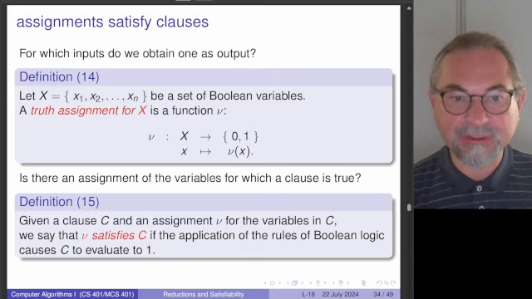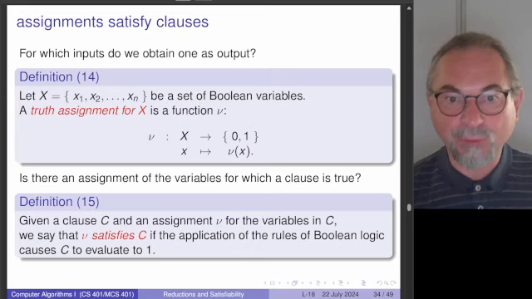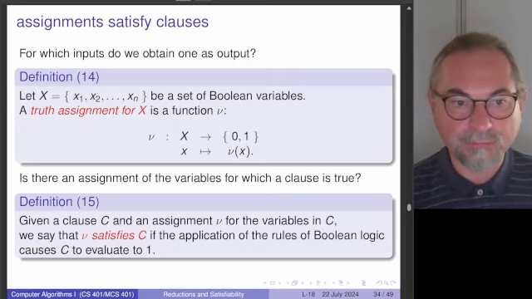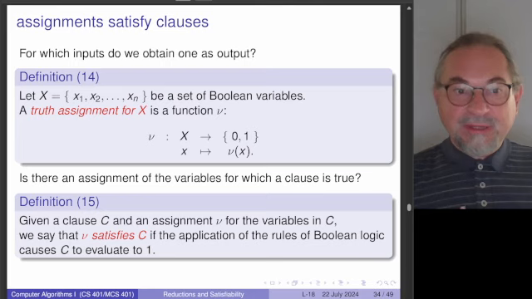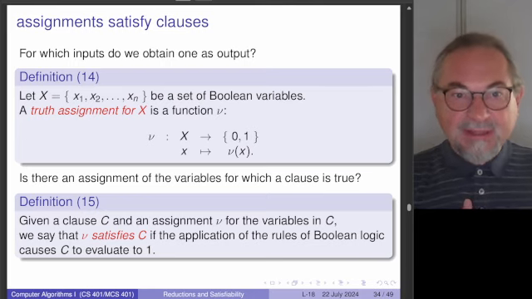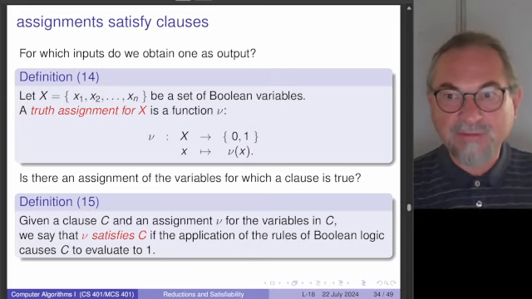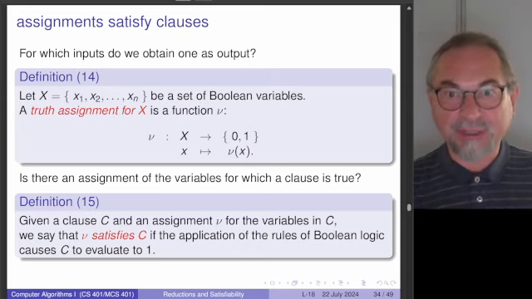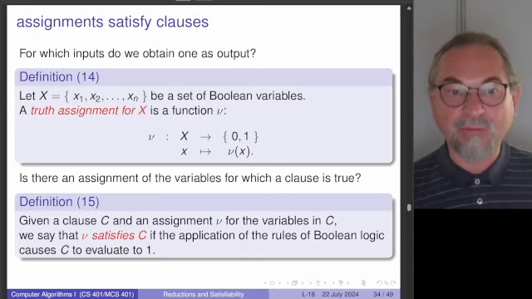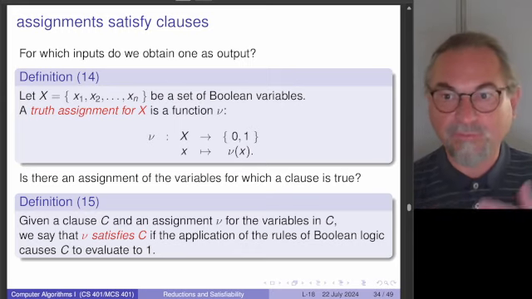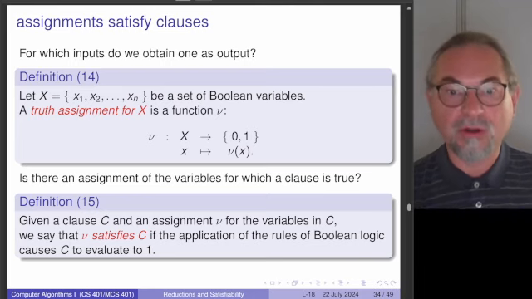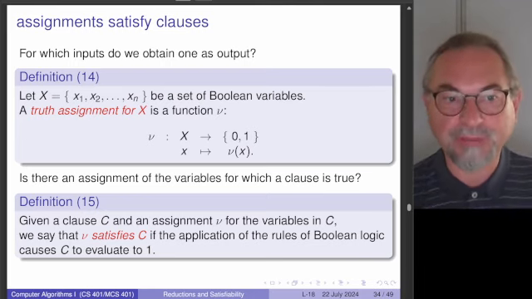So the question is: is there an assignment of the variables for which the clause is true? We say that the assignment satisfies the clause if the clause evaluates to 1, following all the rules of Boolean logic.